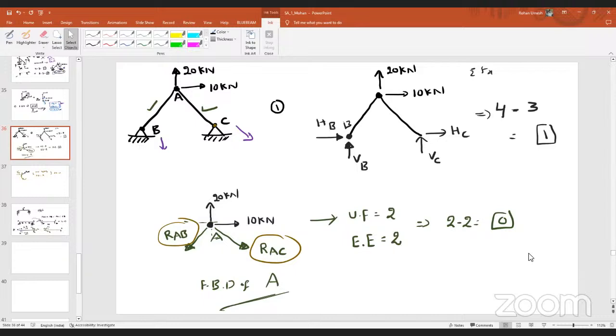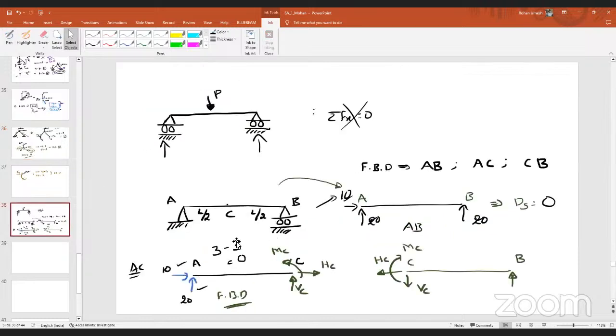In the truss problem, how did we find the unknown forces? By considering the entire structure or by coming from the internal subparts. In that case, first we found the unknown forces from the free body diagram at point A, and then we came to the supports. But here what have we done? First we found the support reactions, and then we came to the internal forces.